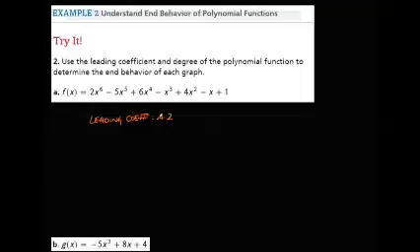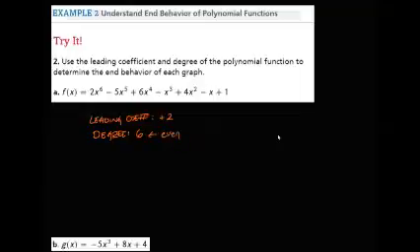That's important. The positive is going to change things in a second. And the degree is 6, which is even.